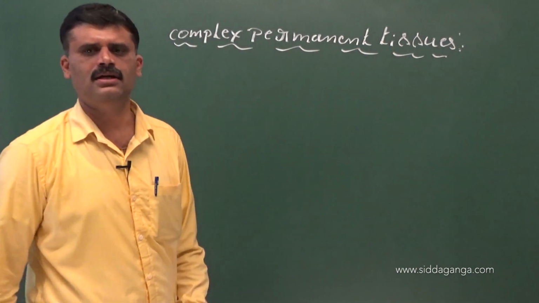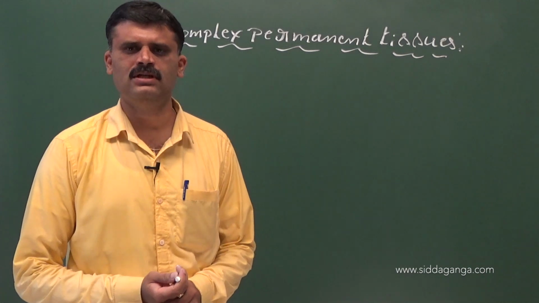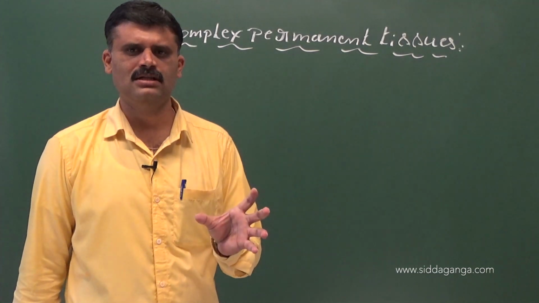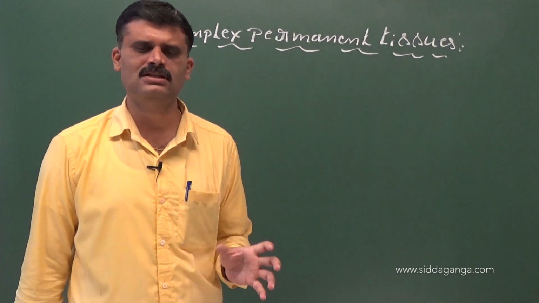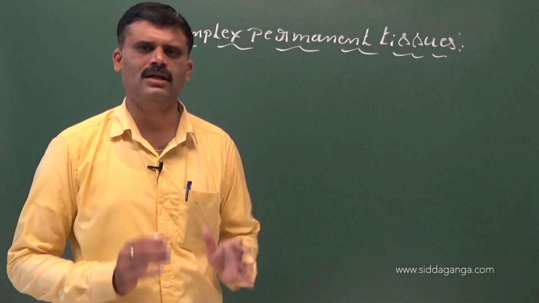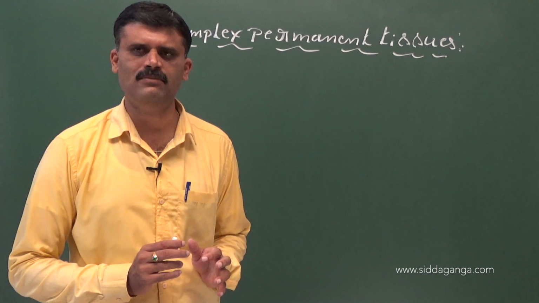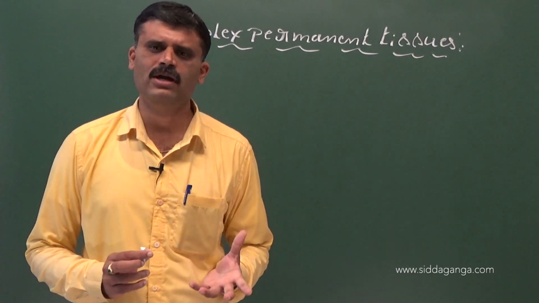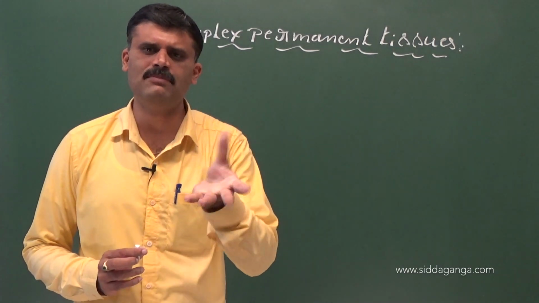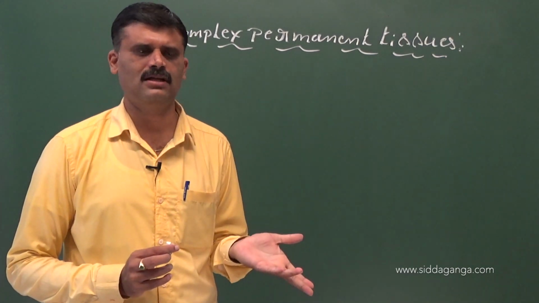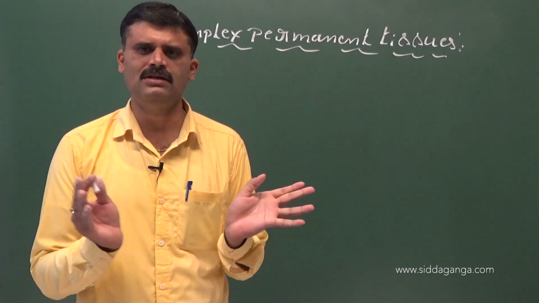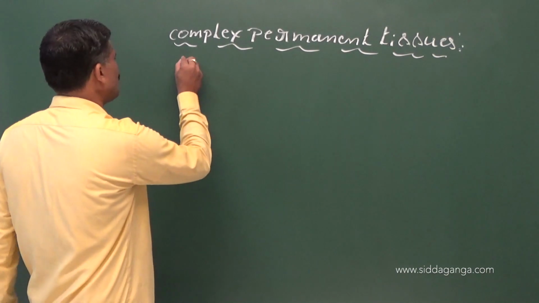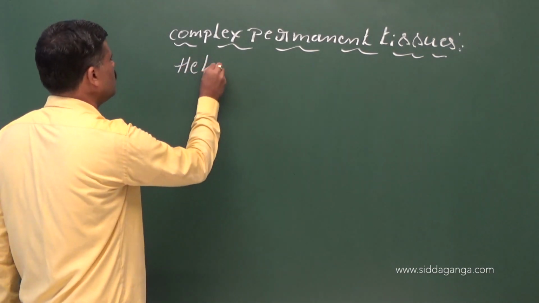Complex permanent tissue is made up of heterogeneous masses of cells, and all the cells coordinate together to perform a common function. In simple permanent tissue, the cells are homogeneous, the same type of cells, performing the same function. But here it is made up of different types of cells that coordinate together to perform the same function.